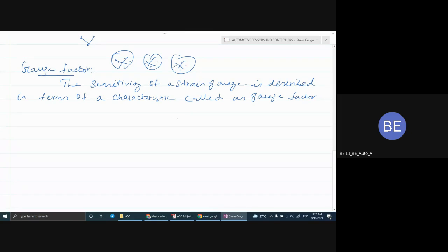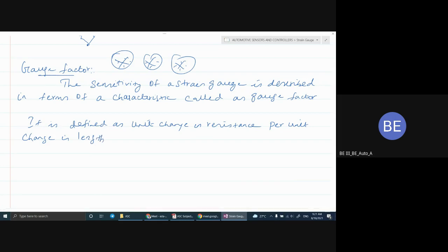How can we define this gauge factor? It is defined as unit change in resistance per unit change in length.